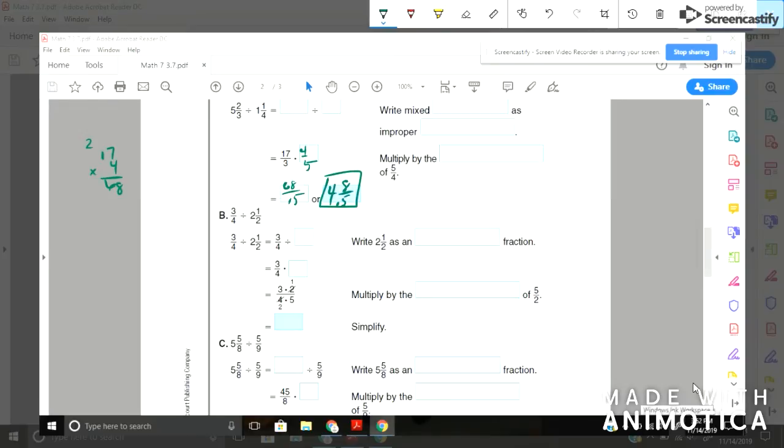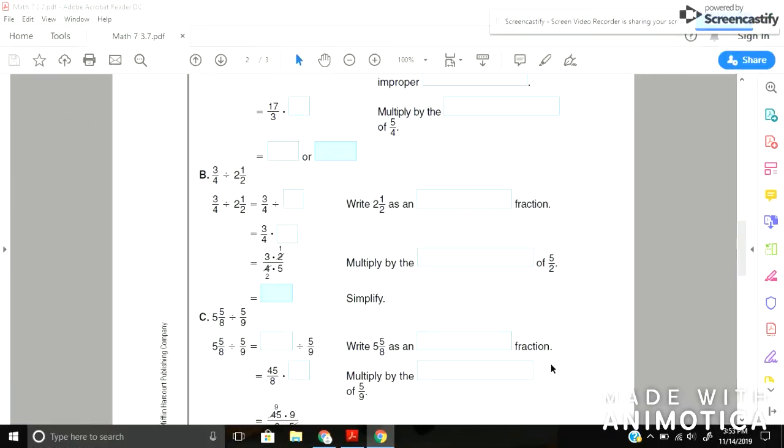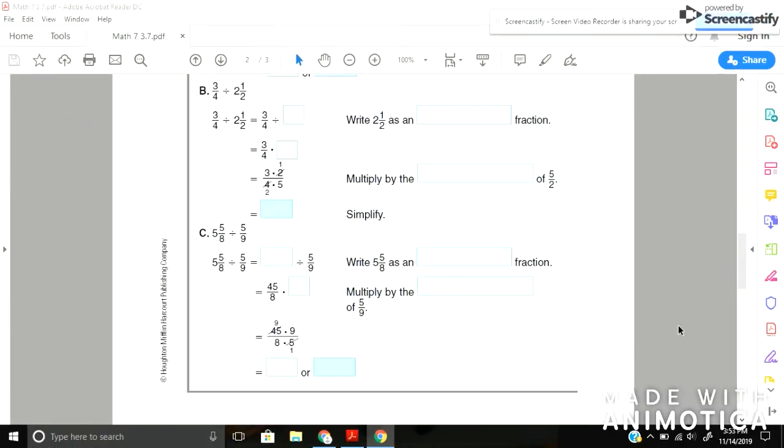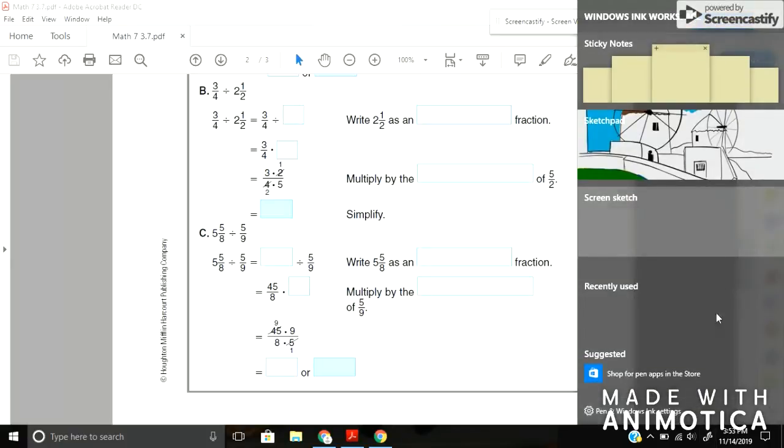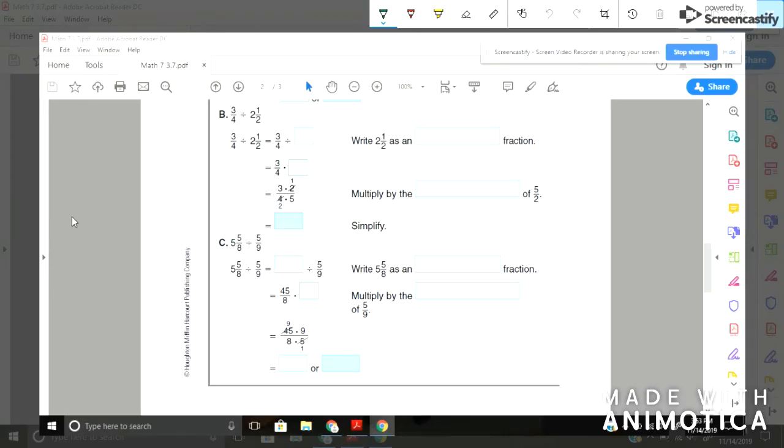Okay? Let's go ahead and try letters B and C, and let's do them the same way. So for letter B, I've got 3/4 divided by 2.5. I'm going to change 2.5 into an improper fraction. So 2 times 2 is 4, plus 1, this would be the same thing as 5/2. Okay, so improper fraction.